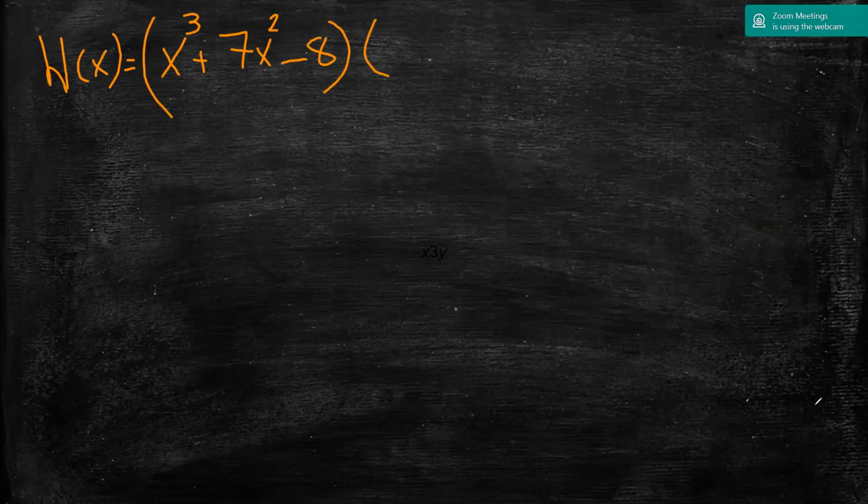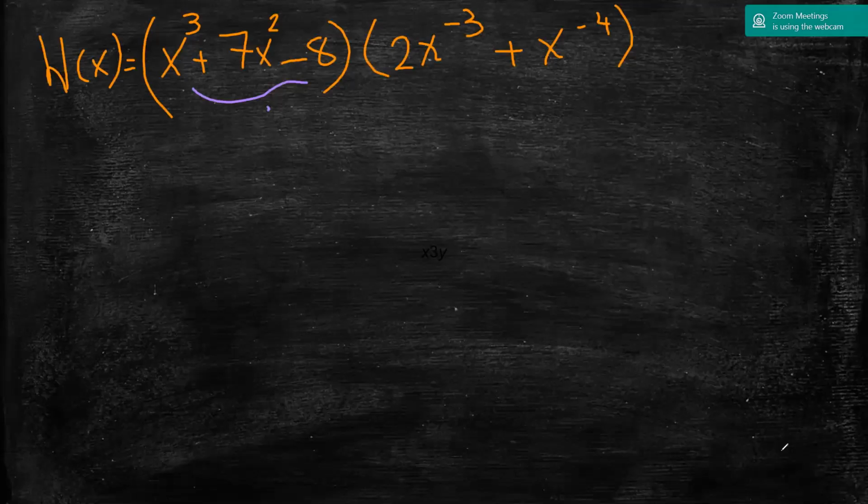Now, if h of x is x cubed plus 7x squared minus 8 times 2x raised to the power negative 3 plus x raised to the power negative 4, here we assume that this is f and this is g.